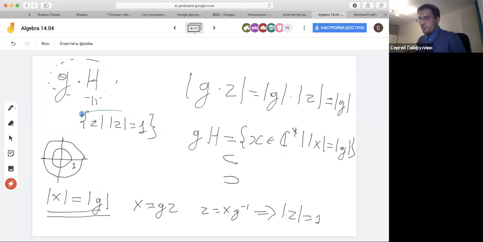Of course, if this equation is correct, then z equals x g minus 1.